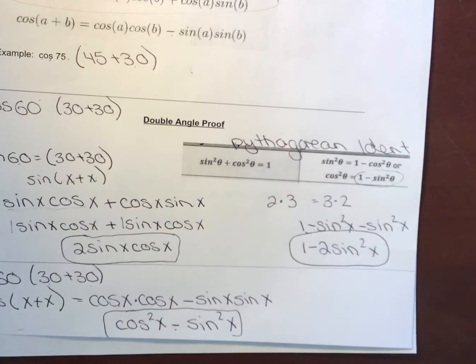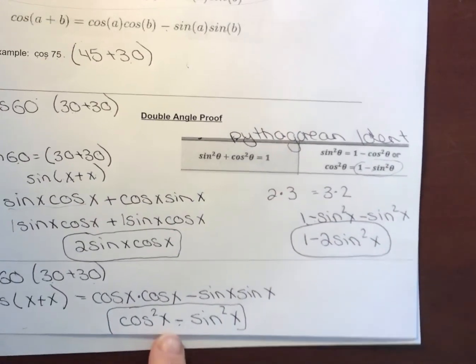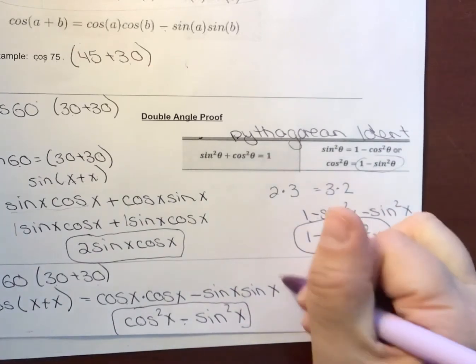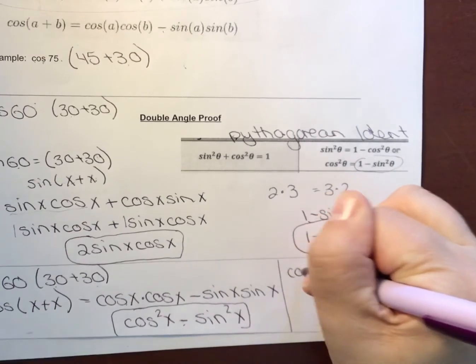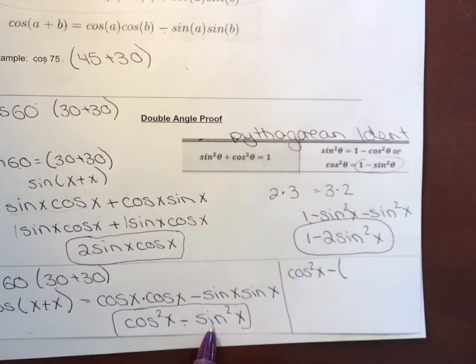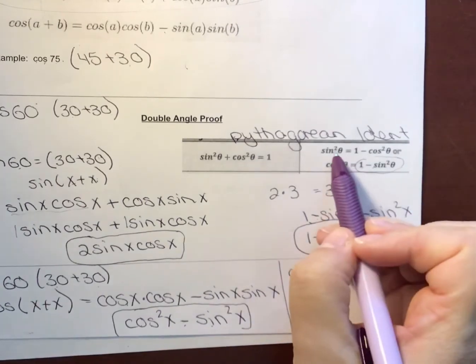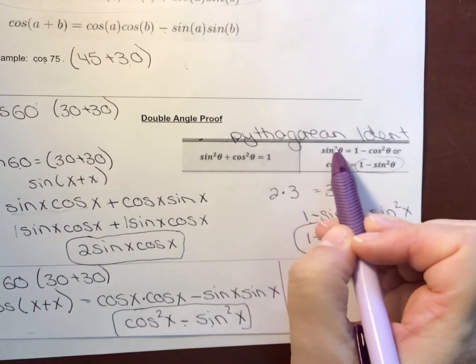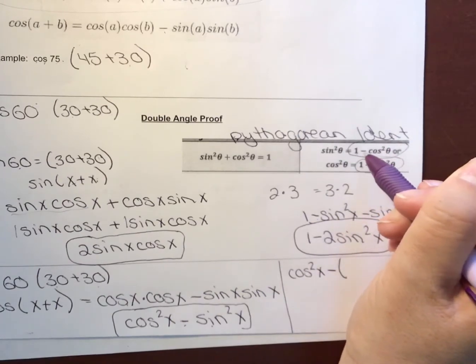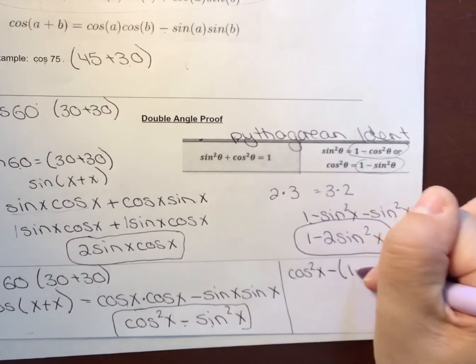Okay, and lastly, one other way. Now we're going to substitute in for the sine squared x. So keep cosine squared x, minus, and now substitute in for sine squared x. We go back up to our Pythagorean identities: sine squared x is 1 minus cosine squared x.